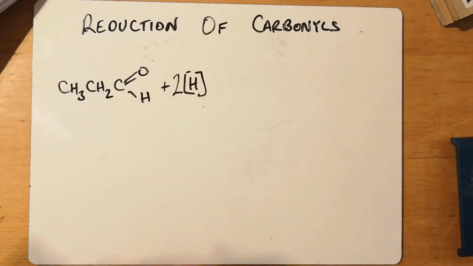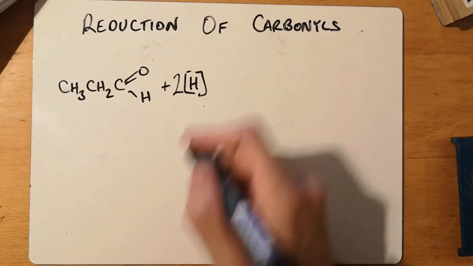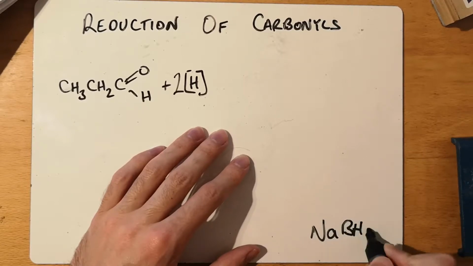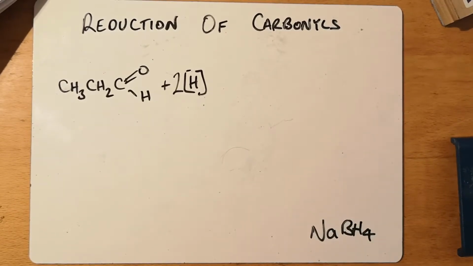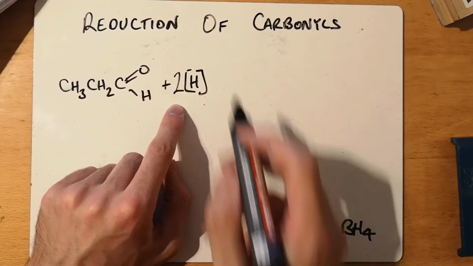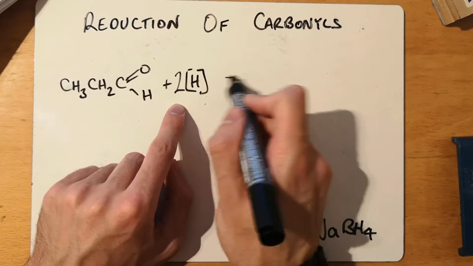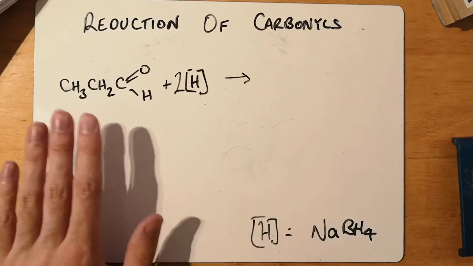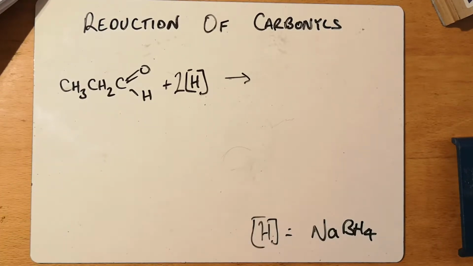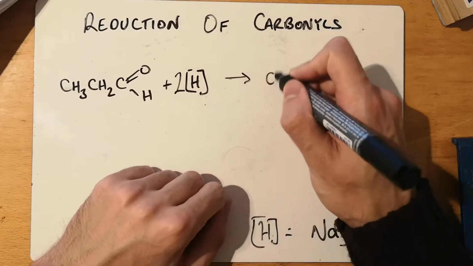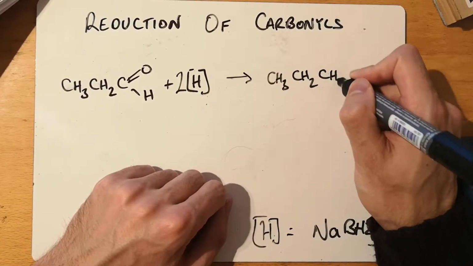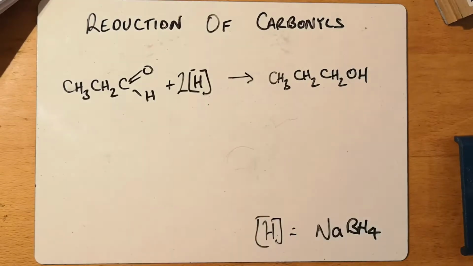So we're going to need 2 of these. This H in brackets is normally sodium borohydride, NaBH4. So when we reduce, we're going to go from our aldehyde back to our alcohol. So that is going to go to CH3CH2CH2OH.